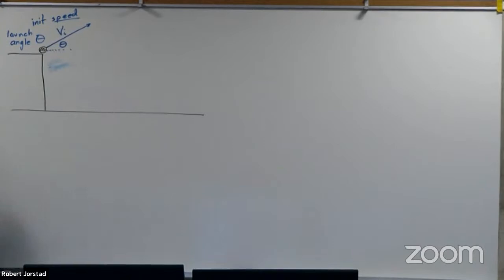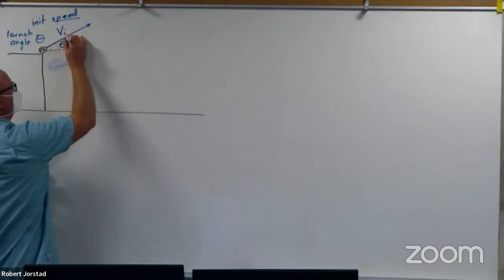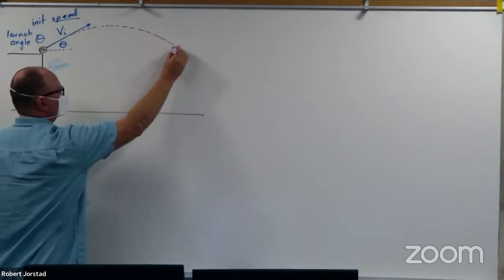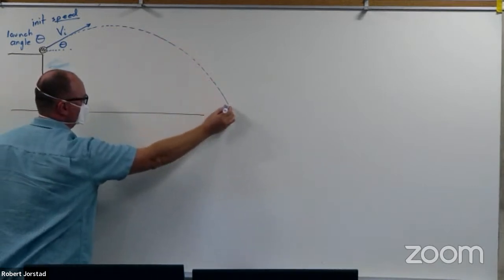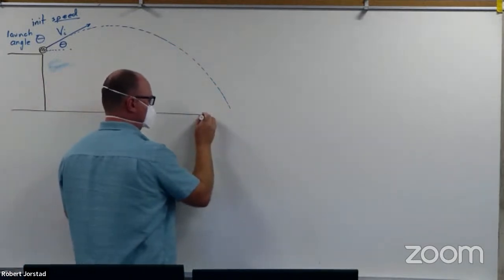So imagine you kick a ball off the top of a building. This ball is going to fly, and gravity is going to pull it down below its straight line path. And somewhere over here, we would expect it to hit the ground.